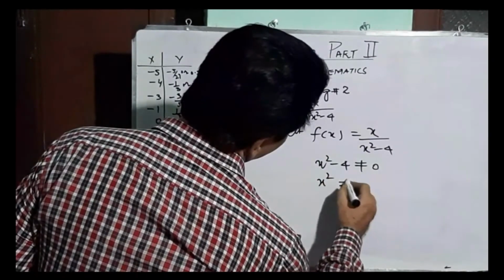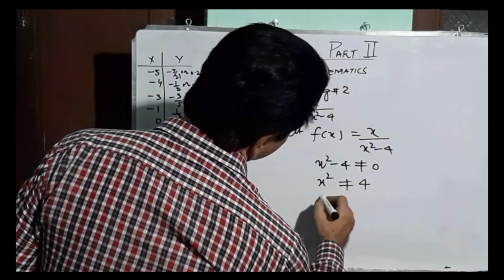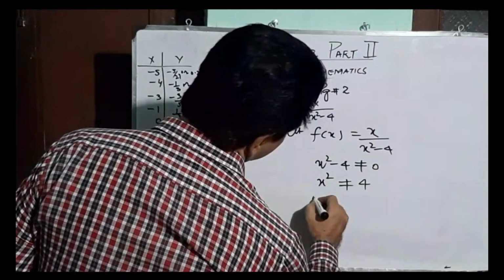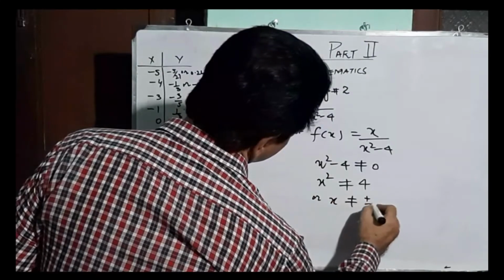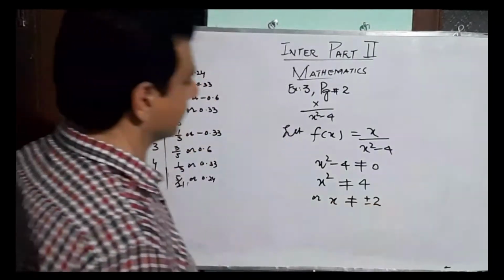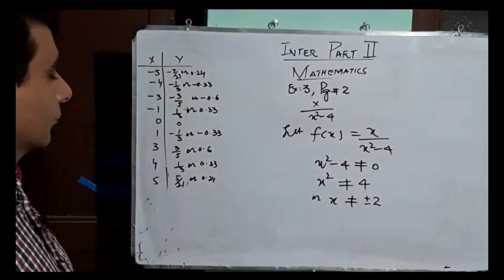x square not equal to 4, so x not equal to plus minus 2.